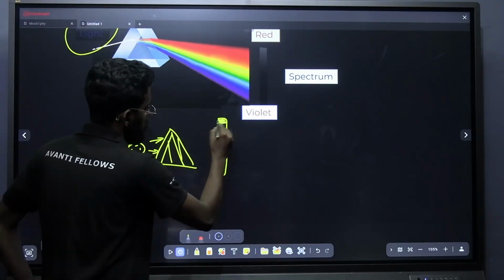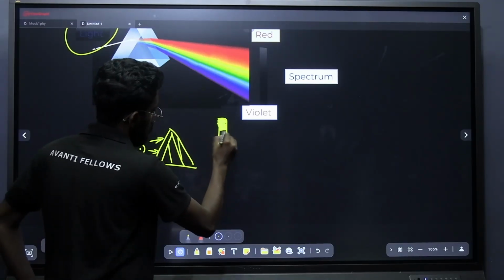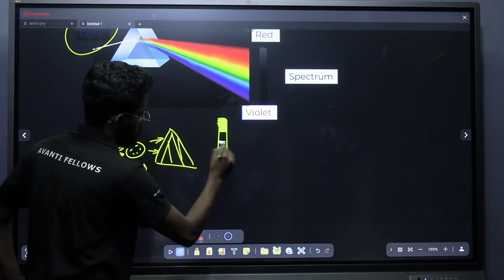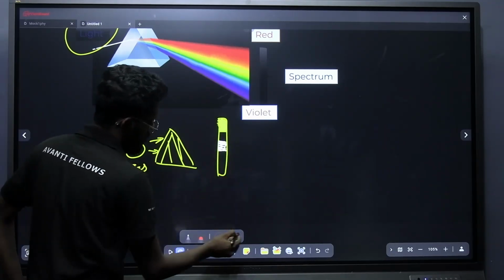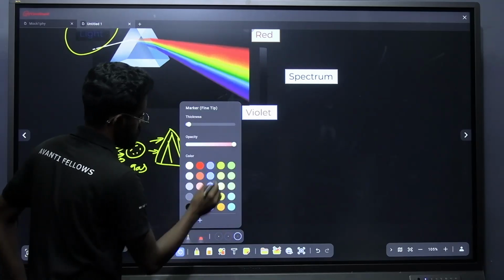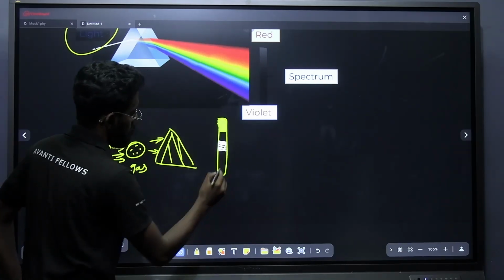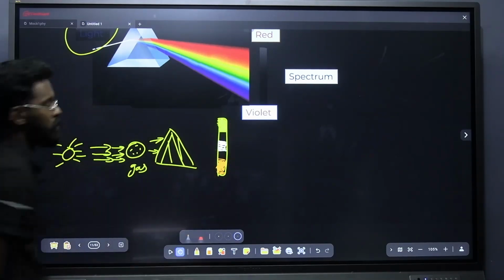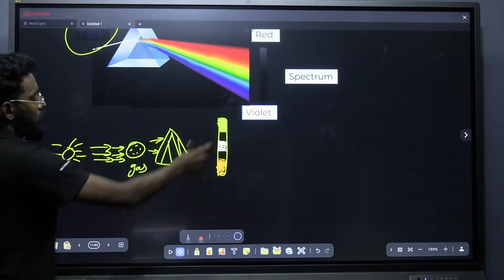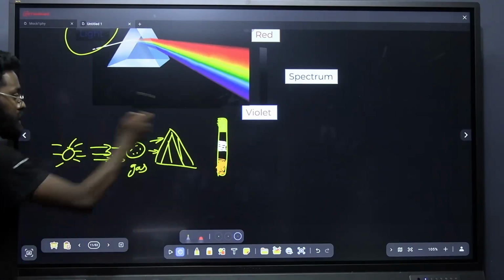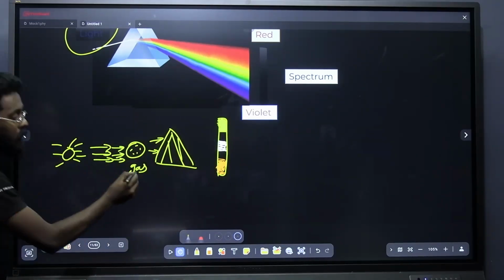But you won't be getting a continuous spectrum. Here you can see some gaps. What are these gaps? These gaps are the radiation absorbed by this gas.